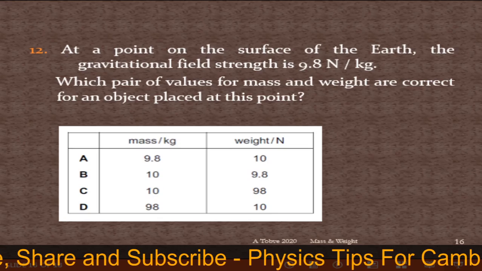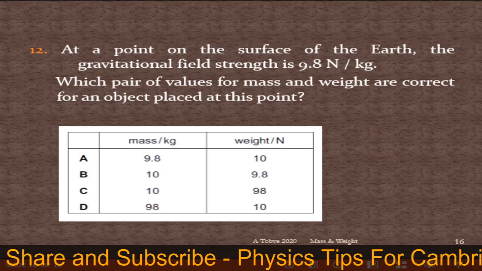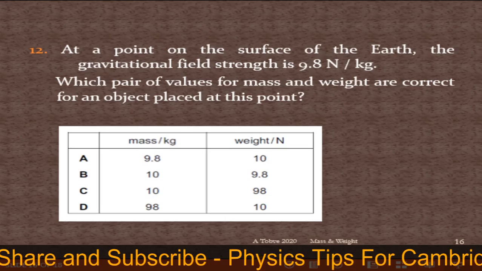Let's see, which pair of values of mass and weight are correct for an object placed at this point? Okay, we are using 9.8. So if the mass is 9.8, then 9.8 times 9.8, that's for A, gives you 96.04, which is wrong.